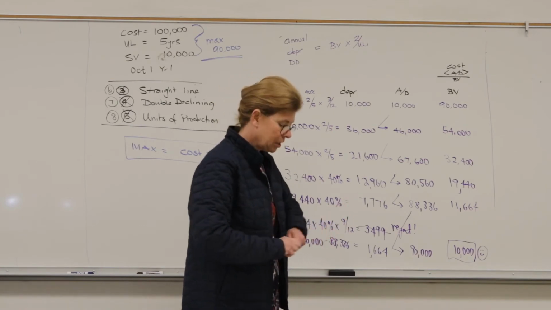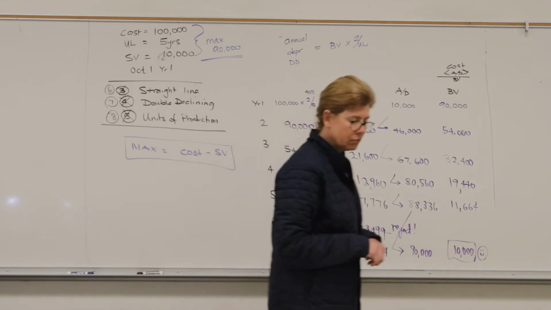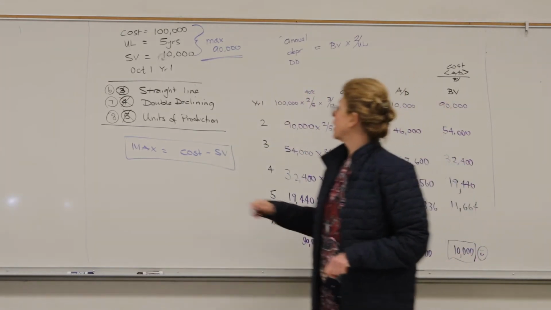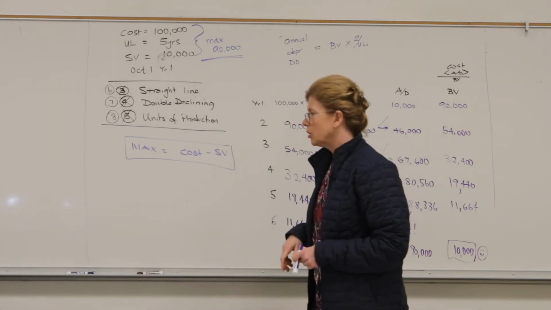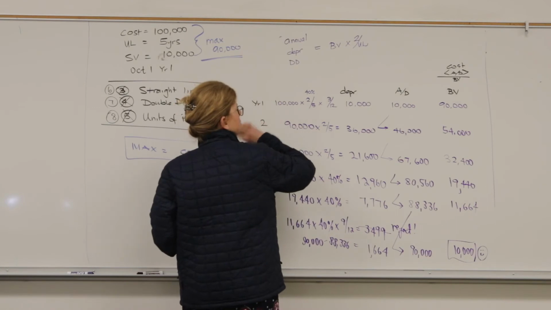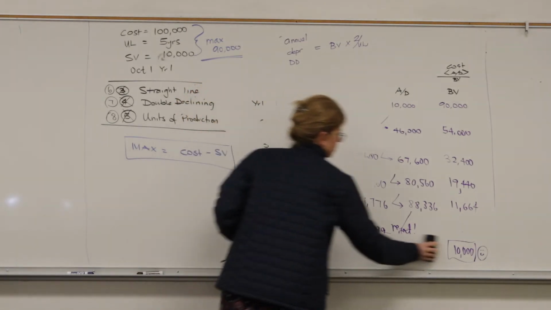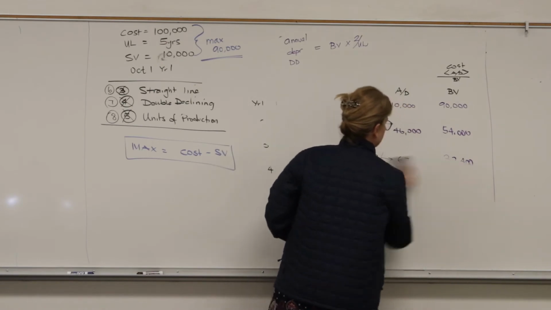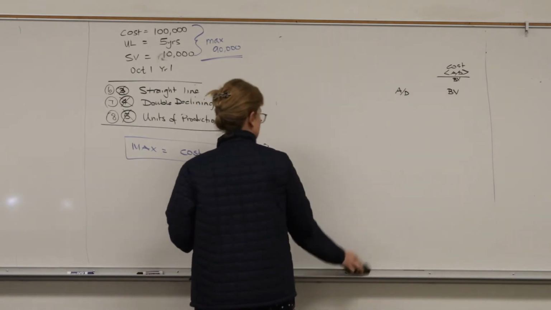Okay. So, last method. We've looked at this before, right? Units of production, except now I have to remind us what our units of production are. Let's do this exercise one more time.